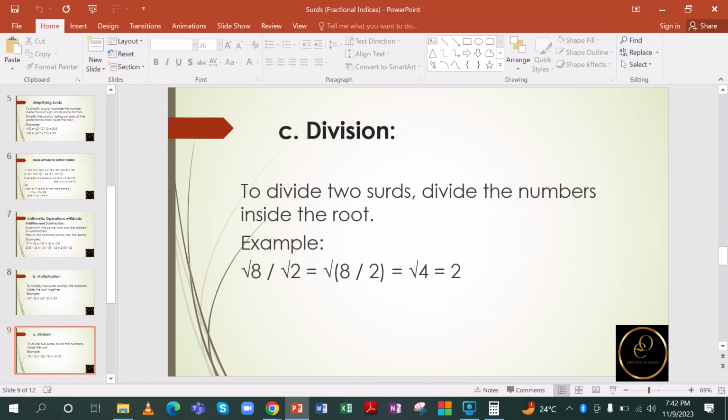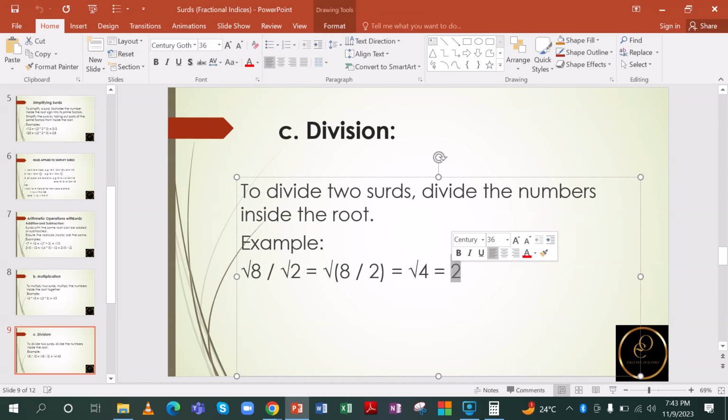The square root of 4, which is equal to 2. These are some of the things that you need to be very familiar with when dealing with surds. So let's look at the next point.